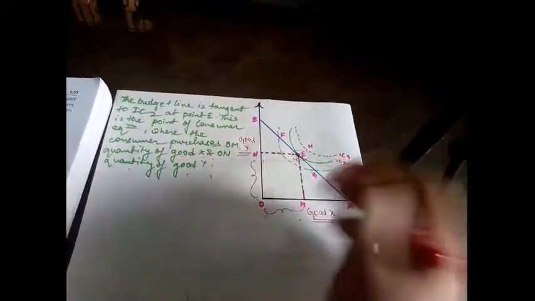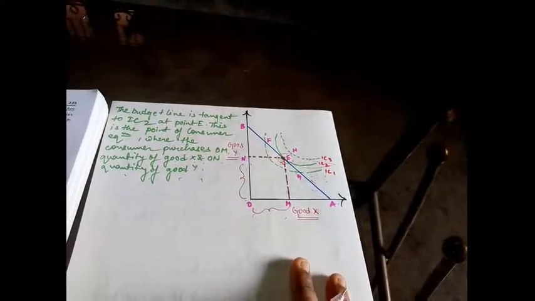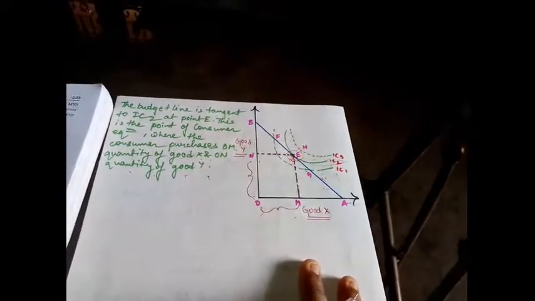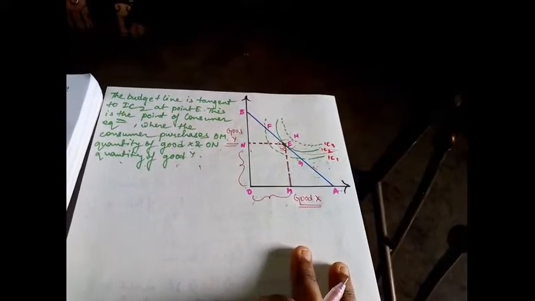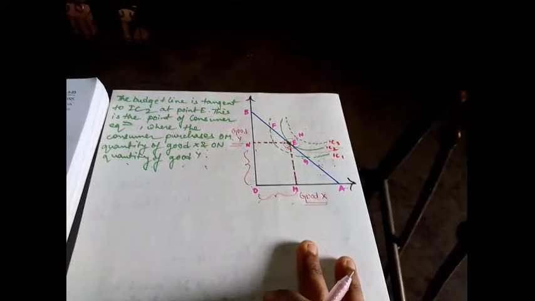This condition is also satisfied here. So we can tell that at point E, the consumer is in equilibrium.